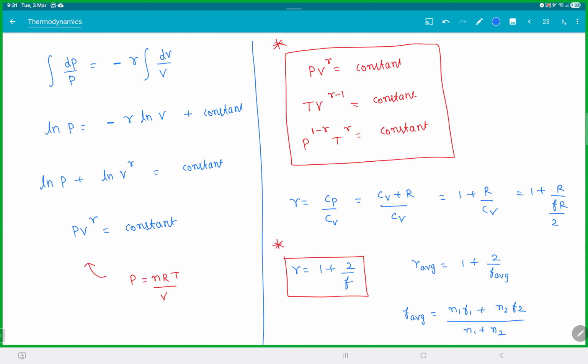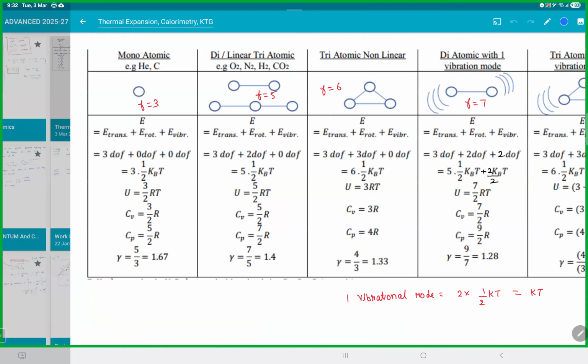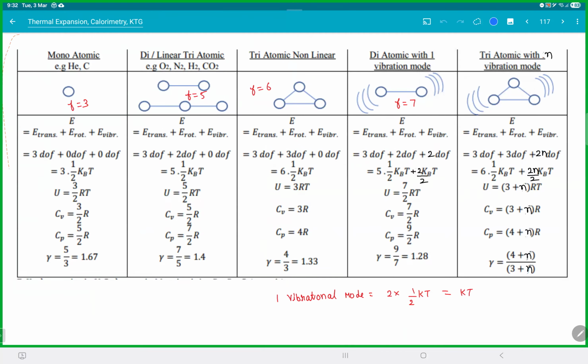So for mixtures, you can't take gamma average, don't write like this. Don't say n1 gamma 1 plus n2 gamma 2. That is wrong. You have to find f average and then get it because gamma is not a linear function. And in case you forgot, let me just put down this page again there.